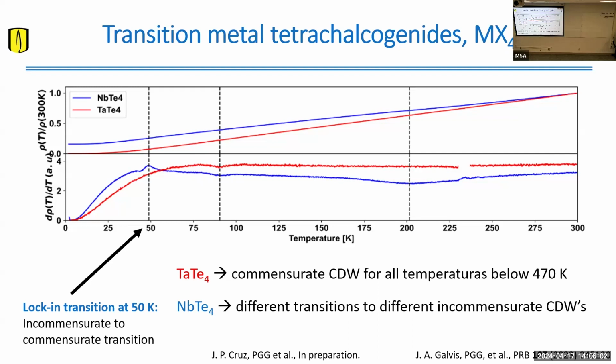And around 50 Kelvin, niobium tellurium 4 had been reported, due to these electron microscopy studies, to have a lock-in transition. Lock-in transition means a transition between an incommensurate charge density wave to a commensurate charge density wave. So we decided to actually study these kinds of features.